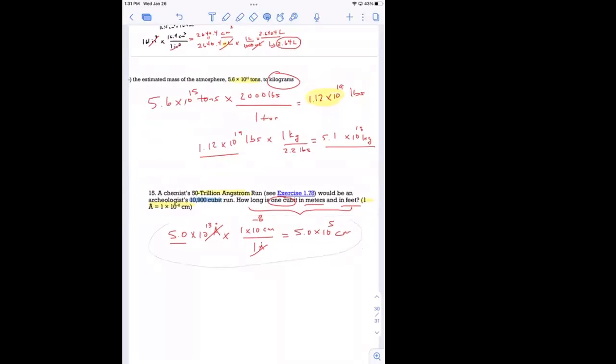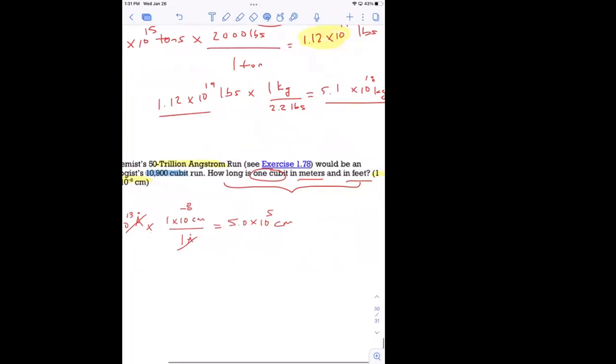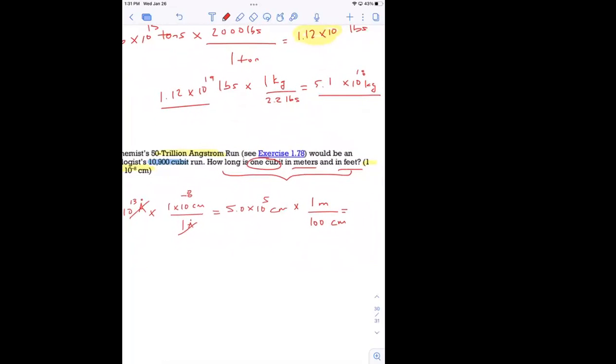So we're going to take 1 meter over, I'm sorry, not 1,000, my bad, 100 centimeters. All right, 1 meter over 100 centimeters.